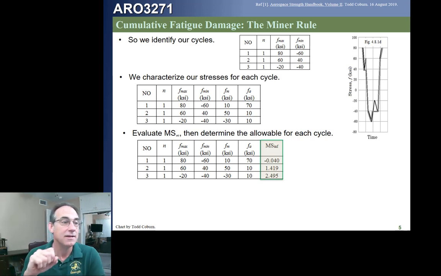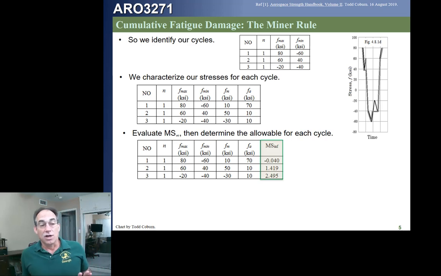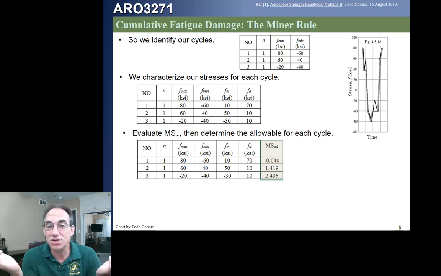Got that? Okay. Now, all that means is we have more work to do, because while this doesn't have a positive margin for infinite life, it may be sufficient for the life that's required of the aircraft. So now what we're going to do is calculate what's the allowable for each cycle.